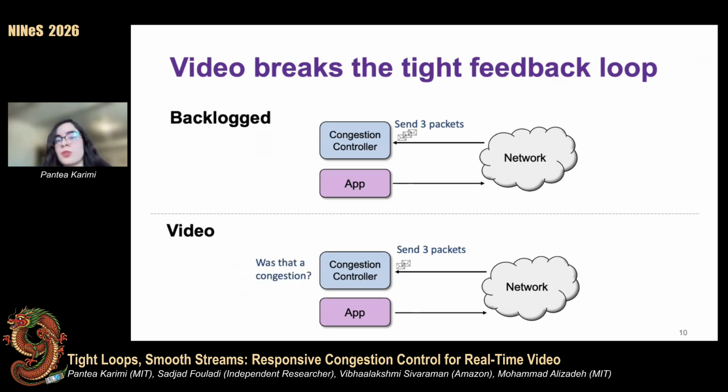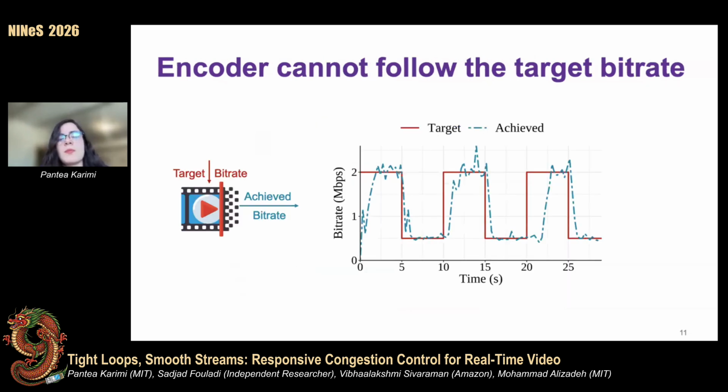So the congestion controller gets confused whether it was congestion or whether it could have sent more packets, causing more ambiguity. This ambiguity breaks the feedback loop, and that is especially problematic in highly variable links, such as the one in the real call that I showed you.